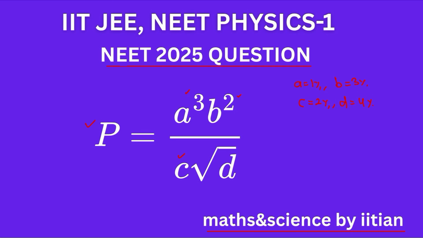And it was asked to find out the error in P, that is delta P by P into 100. That's what is required. Now, I have explained the method in the last lecture. We'll follow the same rules and regulations and we'll try to solve this problem.